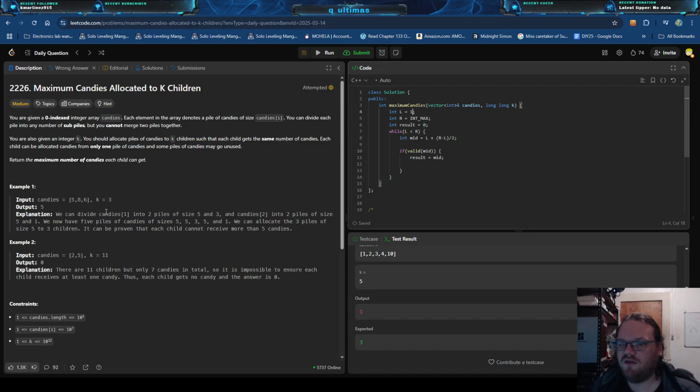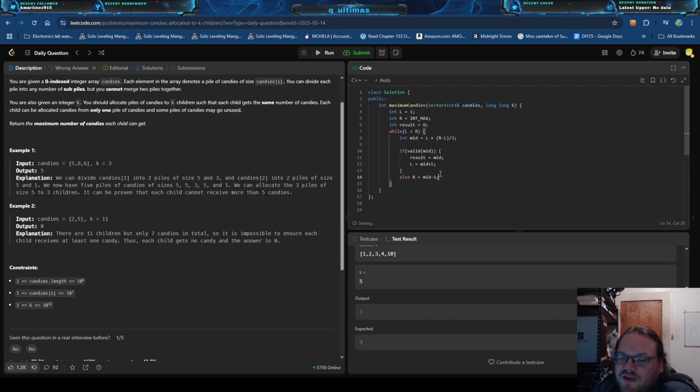So 1 is always valid. So we're looking for the maximum. Right? So we're going up. If it's not valid, we need to make it smaller. Okay.